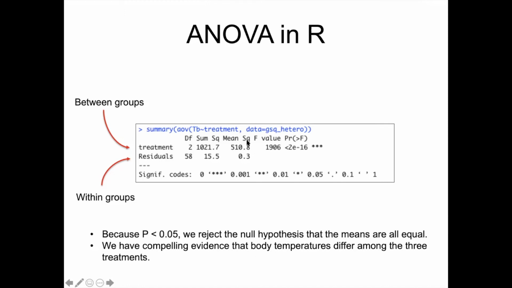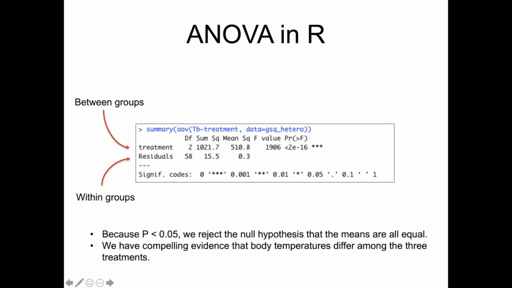So here are our mean squares among groups, and here are our mean squares within groups, and our F statistic, which is simply the ratio of these two. 510.8 divided by 0.3 equals 1906. And the probability of getting an F statistic this big when the null hypothesis is true is actually extremely small.